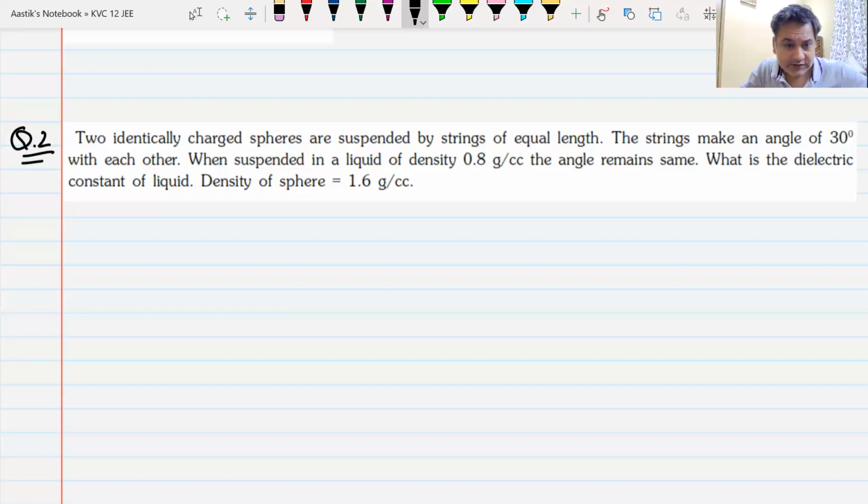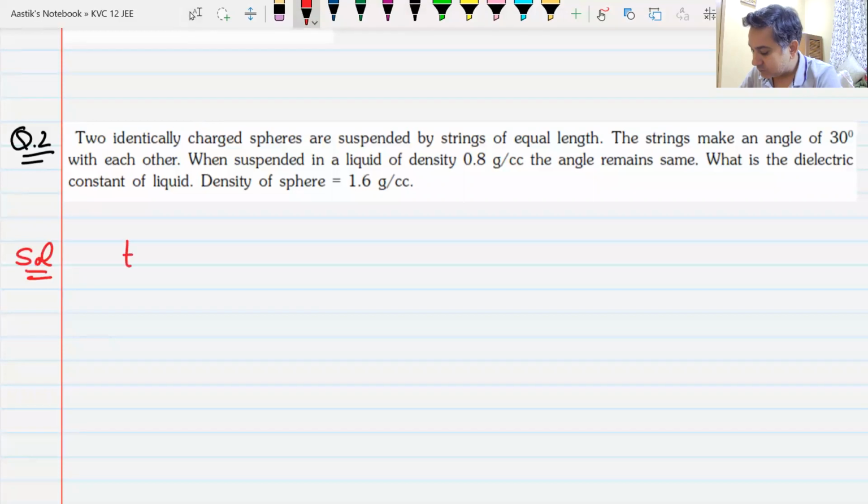Now, if you just remember what was said, I gave you the value of tan theta beforehand, right? The value of tan theta was the electrostatic force divided by the weight mg.